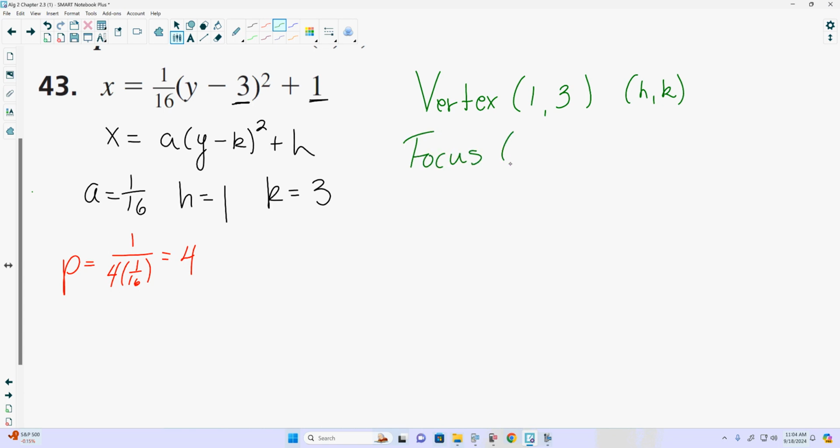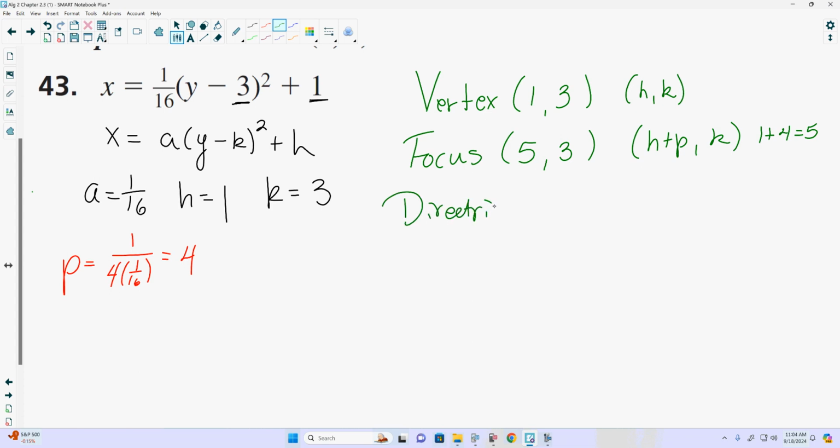Focus. This time it's h plus p comma k. So our k value is still 3. h plus p would be 1 plus 4, which is 5. So the focus is 5, 3.